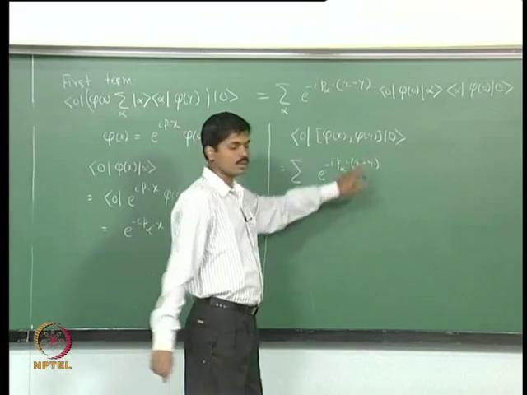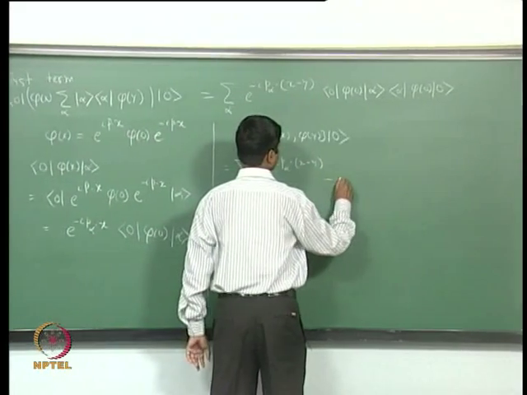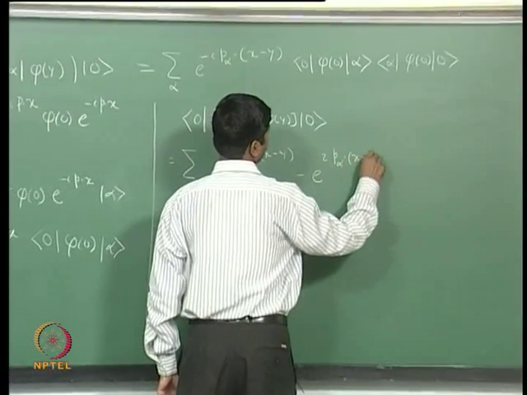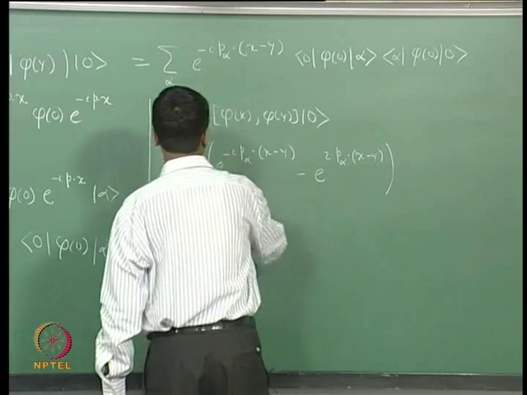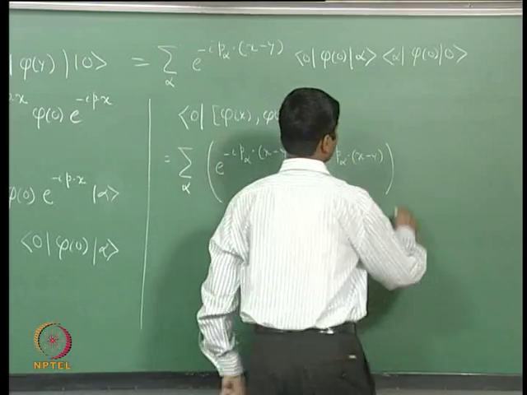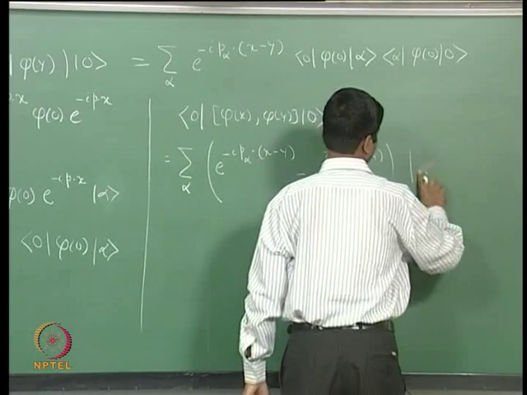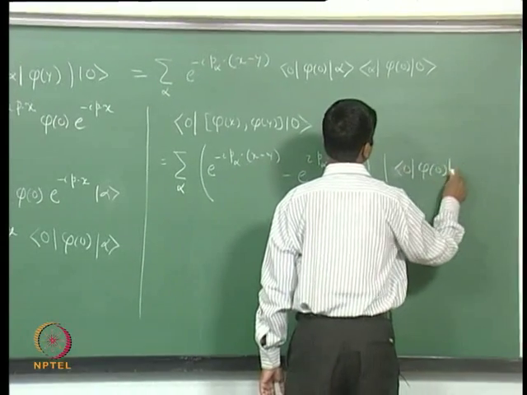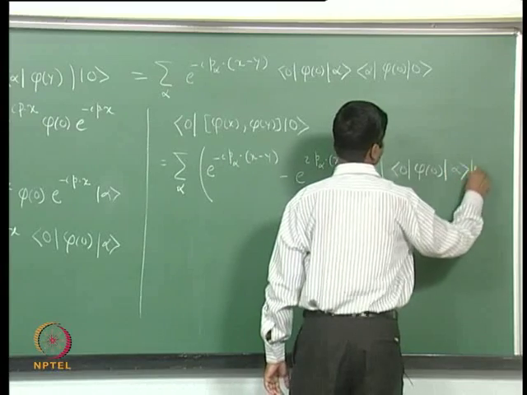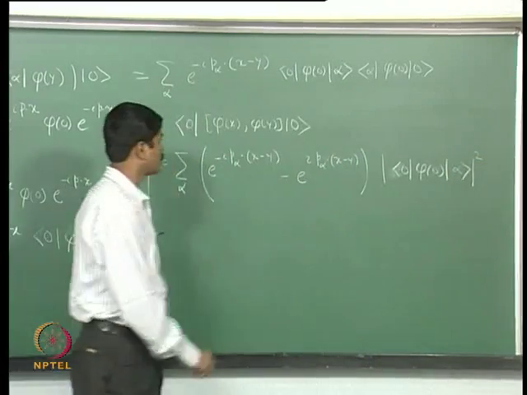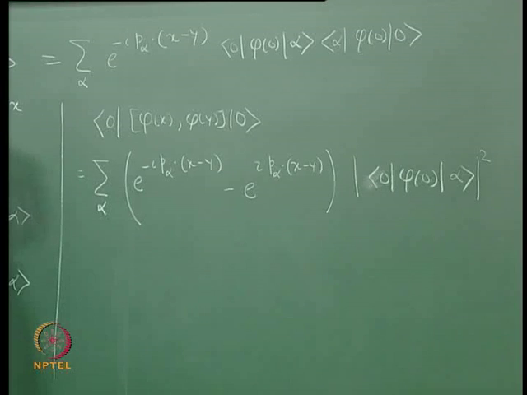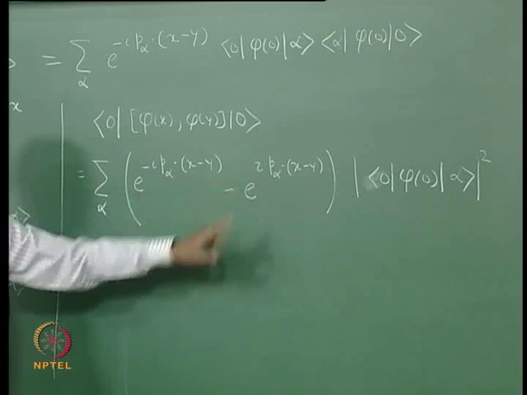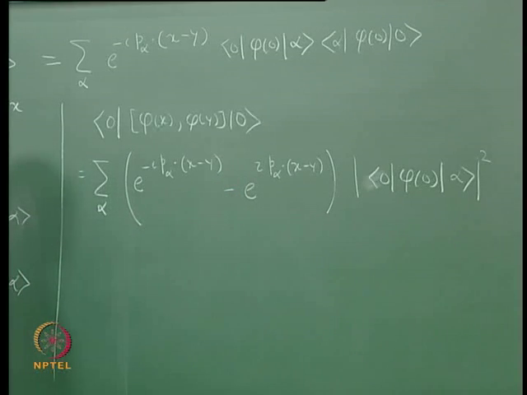Then because of the commutator you have minus e to the power i p alpha dot x minus y, times this quantity here, which is mod 0 phi of 0 alpha squared. This is what we get for the vacuum expectation value of the commutator of two fields in the interacting theory.